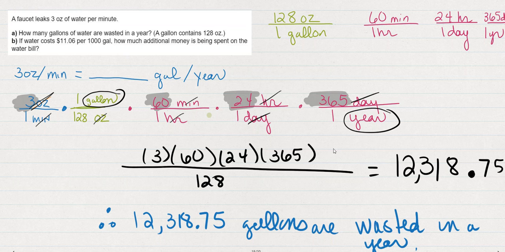Those are all in the numerator. And in the denominator, the only thing that's not a 1 is the 128. So when I multiply these 4 numbers, 3 times 60 times 24 times 365, and divide by 128, I get 12,318 and 75 hundredths. And that is the answer to part A. Therefore, 12,318 and 75 hundredths gallons are wasted in a year.